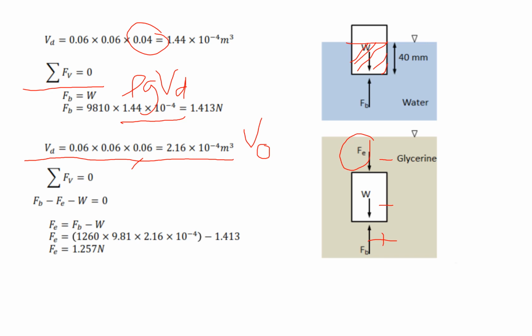Okay, then we can substitute the density. The density used is the density of glycerin. And then the Vd is the whole object, because the whole object is immersed in glycerin, not partially immersed. And then the W is already calculated from above. So then we can know the force that can hold the cube from sinking to the below.